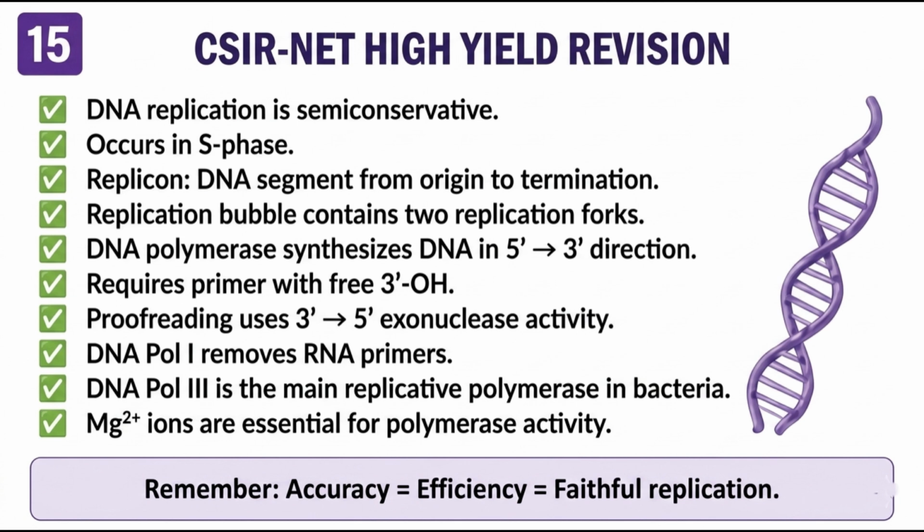Proofreading uses 3' to 5' exonuclease activity. DNA polymerase 1 removes primers. DNA polymerase 3 is the main bacterial replicative polymerase. Tautomeric shifts may cause spontaneous mutations. Primase synthesizes RNA primers. These concepts are highly important for CSIR-NET and other competitive examinations.